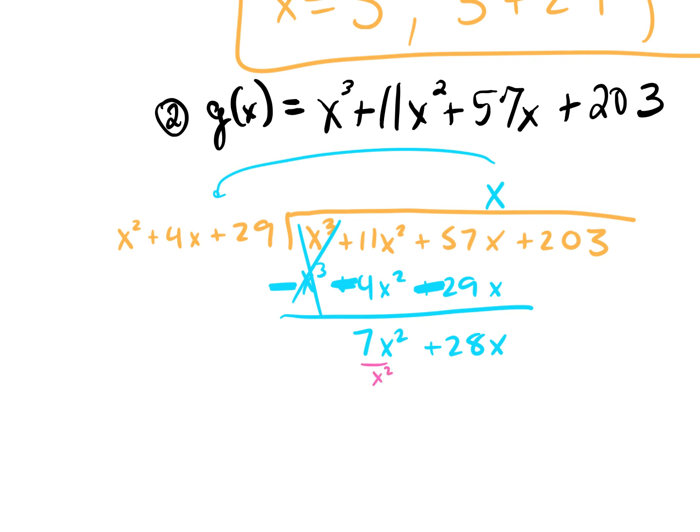So we divide again. 7x squared divided by x squared would be 7. So 7 goes on top, and then we multiply times everything on the outside. So 7 times x squared would be 7x squared. 7 times 4x would be 28x. And 7 times 29, I'm going to guess and say it's 203.